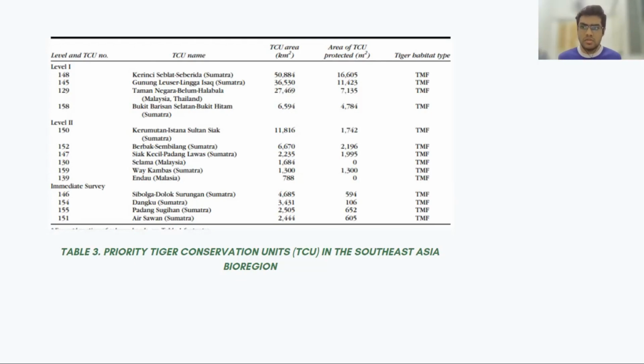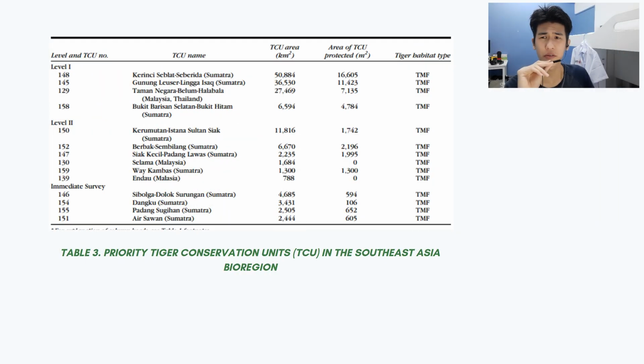One example is in Malaysia, where Malayan tigers are at the brink of extinction. This is due to the lack of personnel to help take care of these tigers.